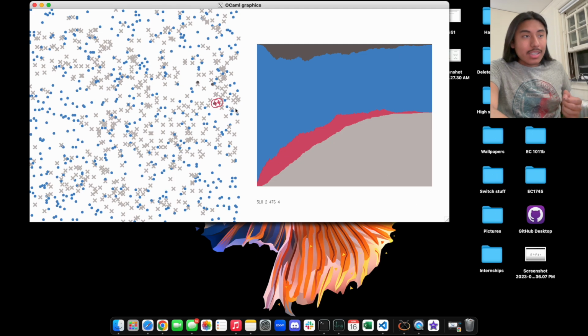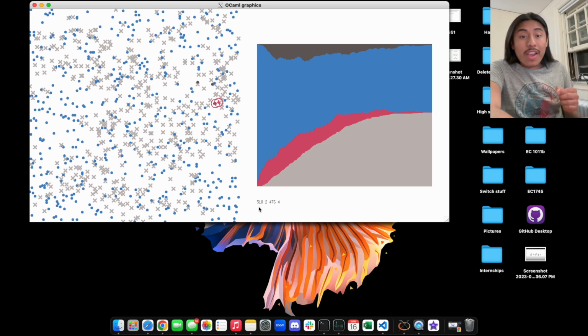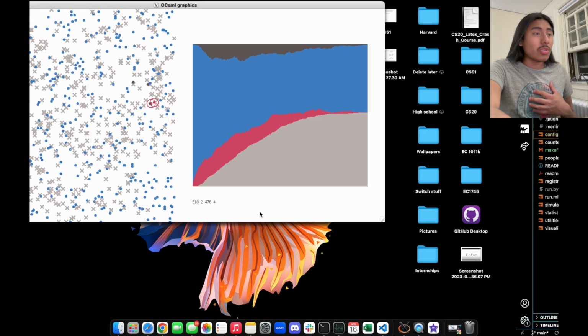But by the end of it, you'll see that only 2 people are infected. So it's conceivable that if I let this program run for a longer period of time, this virus might eradicate itself, because it's just so potent and kills its host way before the host can infect someone else. And you'll see the number of people that have died, 518. That's more than half the people in this original trial.